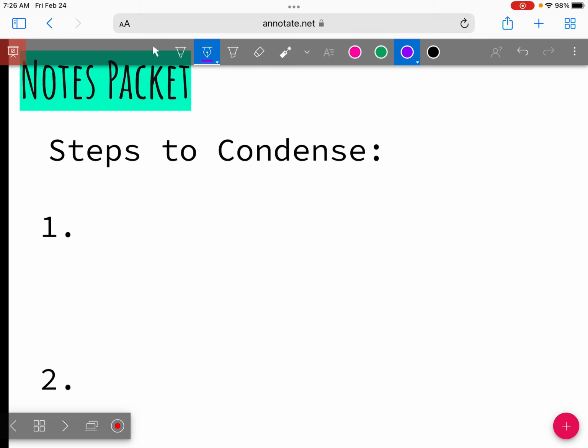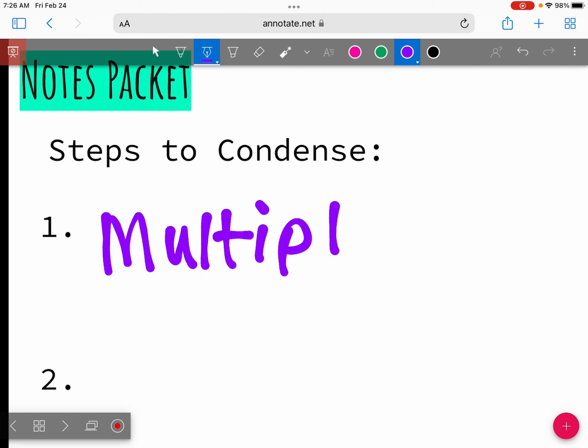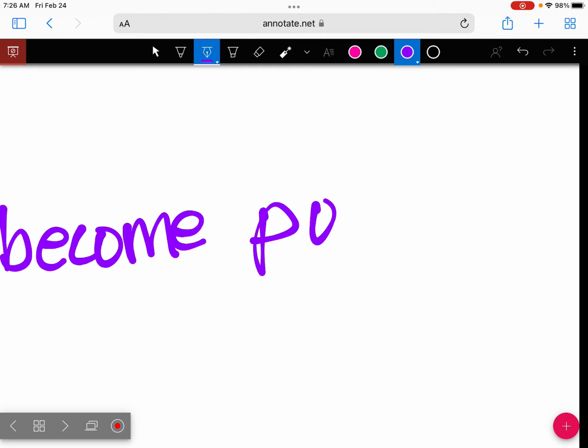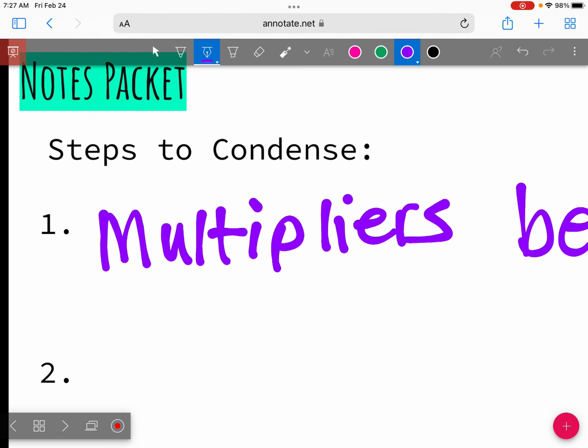Powers become multiplier. Nope, sorry, flip it though. Because they're going to be multipliers already. So we're going to bring them as powers. So multipliers become powers. And remember, if you know this better as coefficients, you can write this as coefficients.